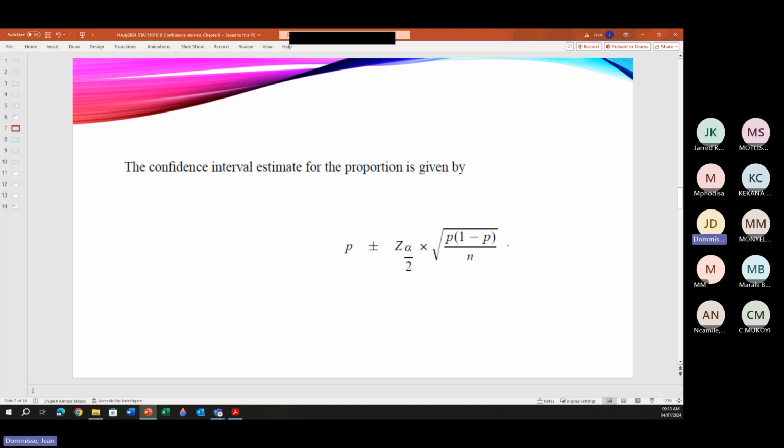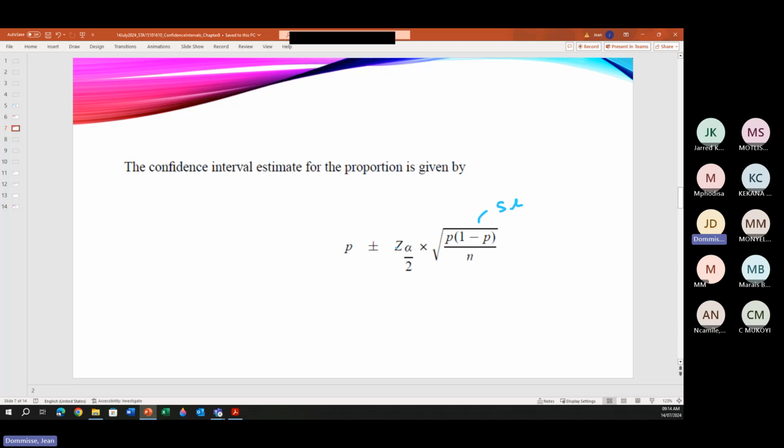So again, you can from study unit 7 see that this is the standard error for proportion. So whatever our proportion is, we'll use the Z as we would have done for the mean and the standard deviation that is known. So that process follows the same. We'll use the Z table.